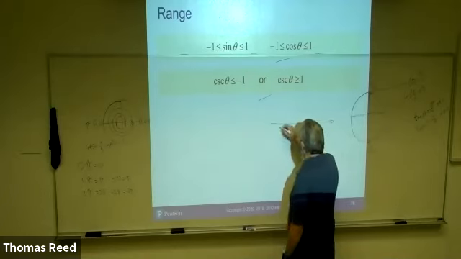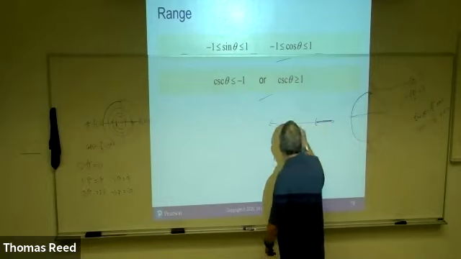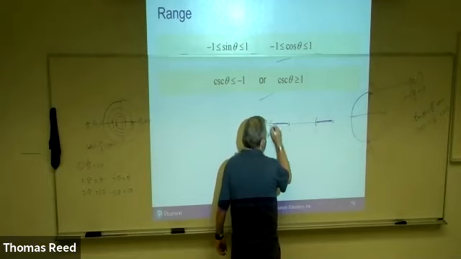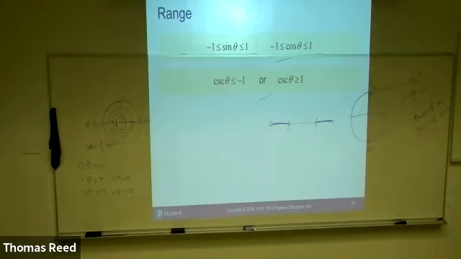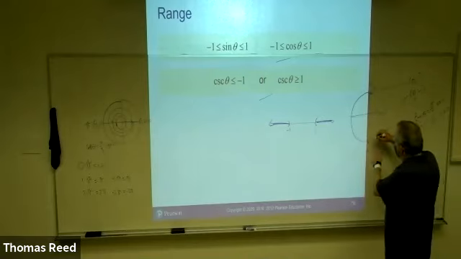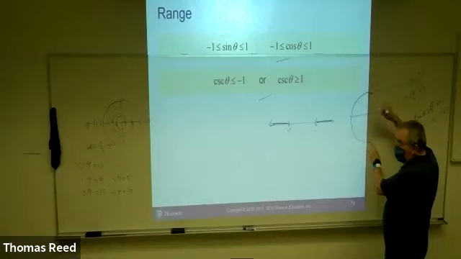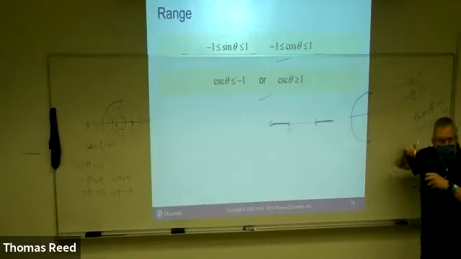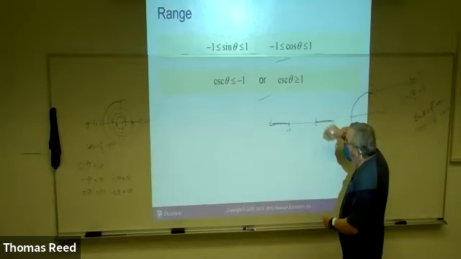If you did this on a number line from -1 to 1, it's going to be everything out here and everything down here. You have a gap in the middle, and it doesn't equal the endpoints. Because sine is all the numbers between -1 and +1, which, except for the endpoints, are fractions less than 1. And when you take the reciprocals of fractions less than 1, you get a number greater than 1. So that's why we have this gap here.